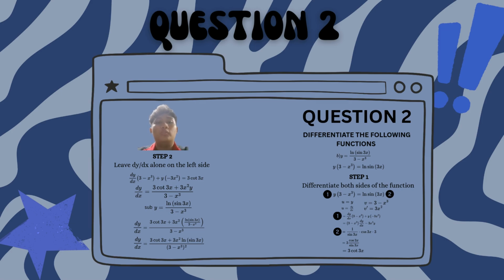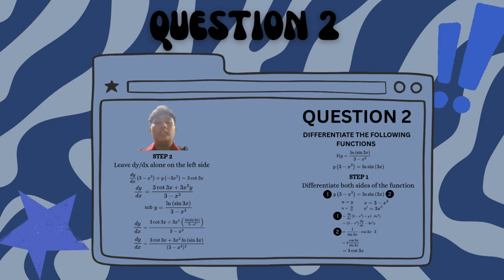And then we will put those in the product rule, so we will get 3 minus x cubed dy over dx minus 3x squared y. For the right side, we will differentiate ln sine 3x. So you will get 1 over sine 3x times 3 cos 3x.